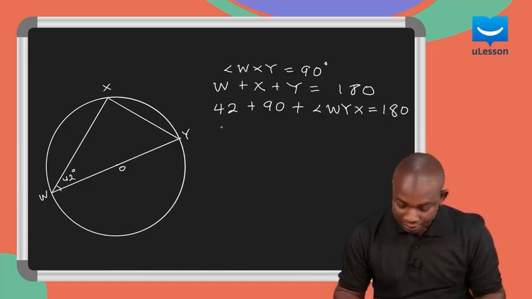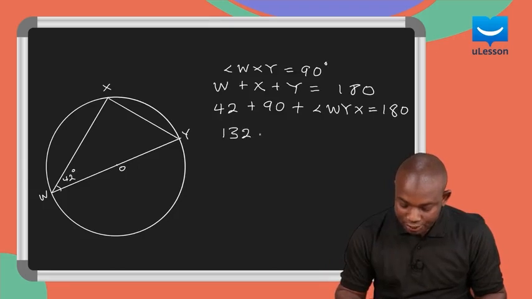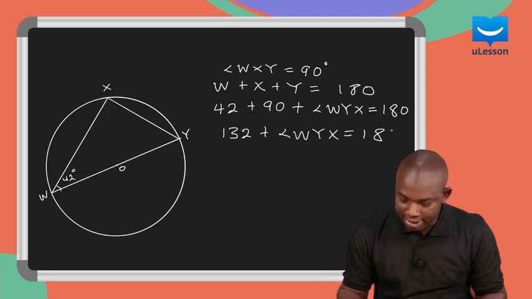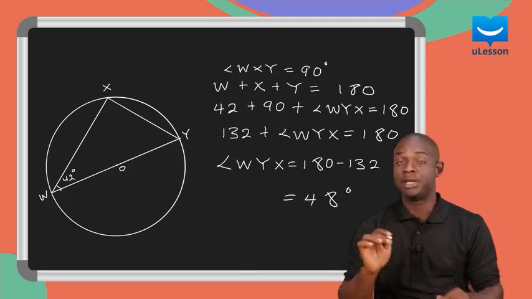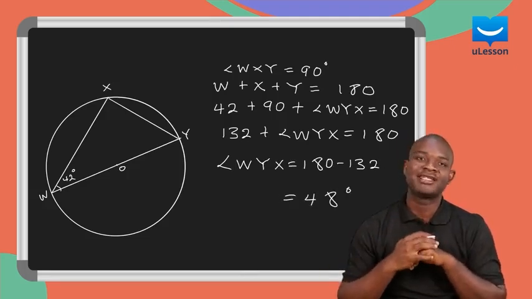Now let's add. So we have 132 plus angle WYX equals 180 degrees. And when we collect like terms, we have angle WYX equal to 180 minus 132. And this gives us 48 degrees as our final answer.